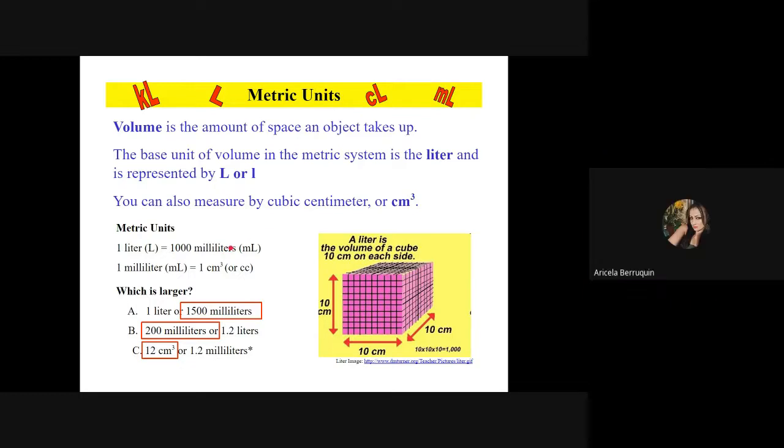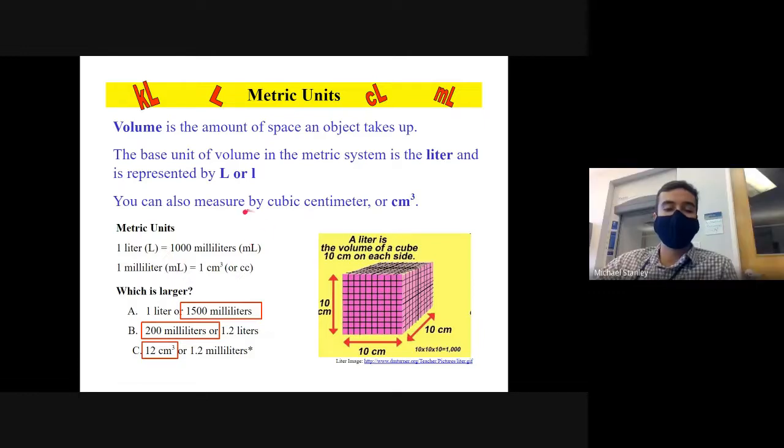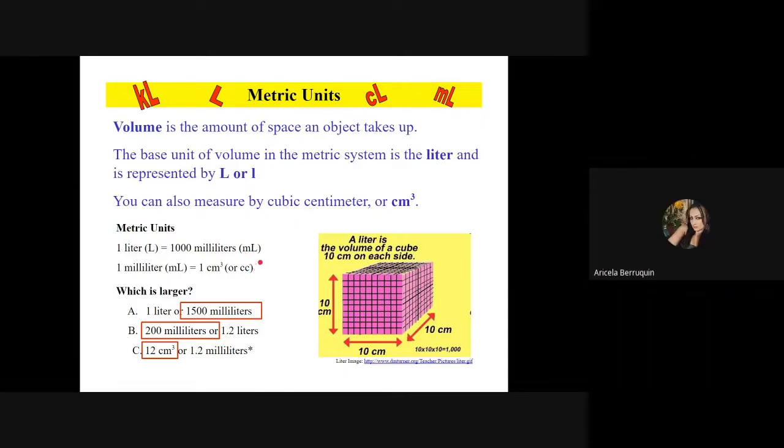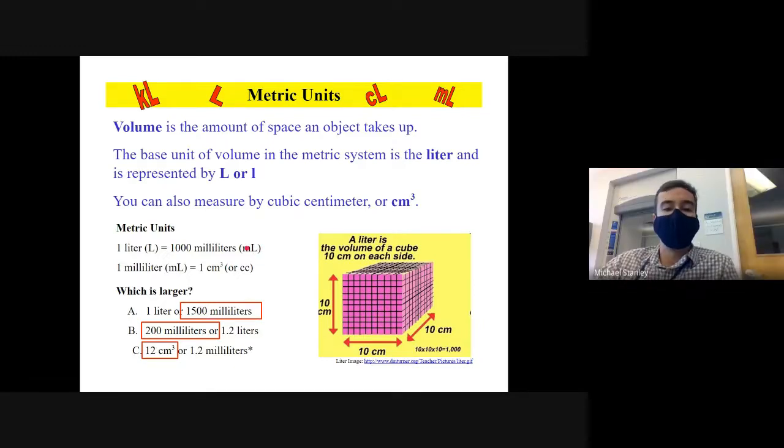I have a question, Mr. S. For milliliter, does it always have to have the big L, or does it not matter if it's the lowercase l for ml? Nope, it doesn't matter if it's a small l or a big L. Okay, I was just wondering because it has a small m and then a capital L. Not necessarily.